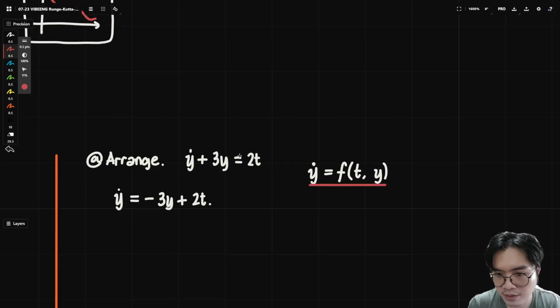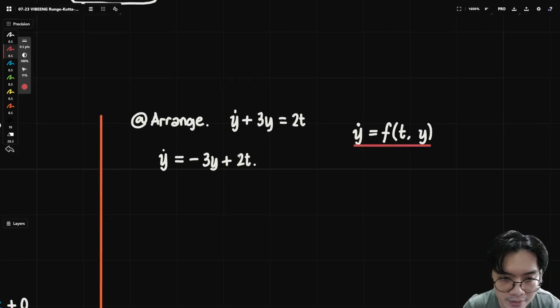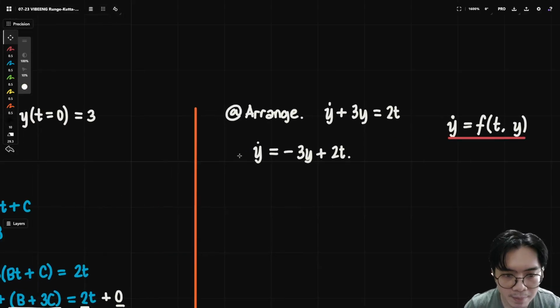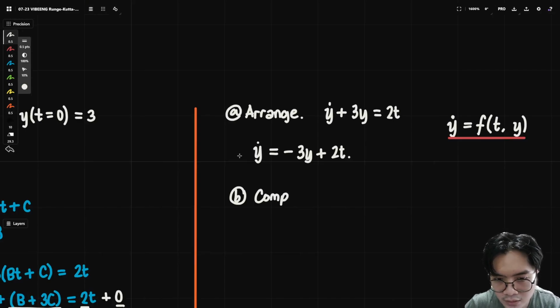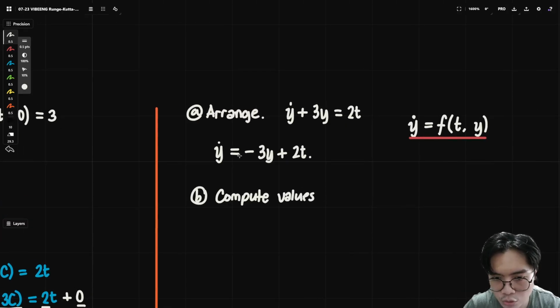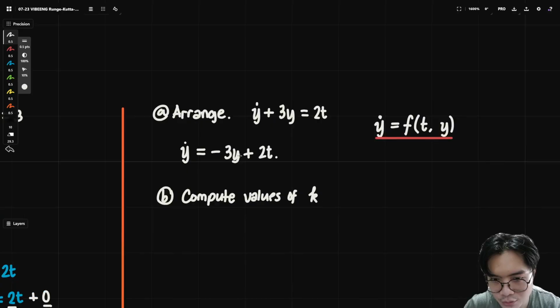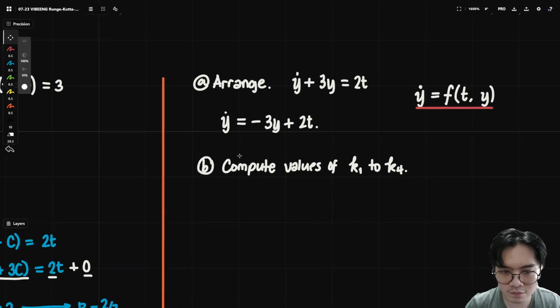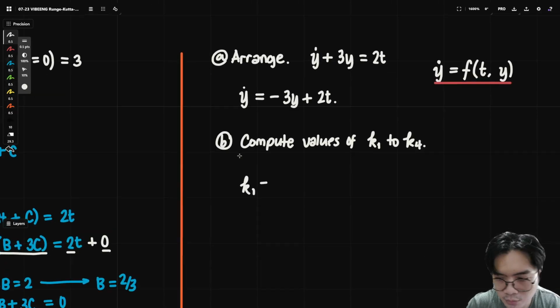And now, what will happen afterwards is that you will compute values of K1 to K4. Kaya apat. Kaya RK4. First and foremost, we will have K1, which is going to be just your function here. So kung ano man yan.